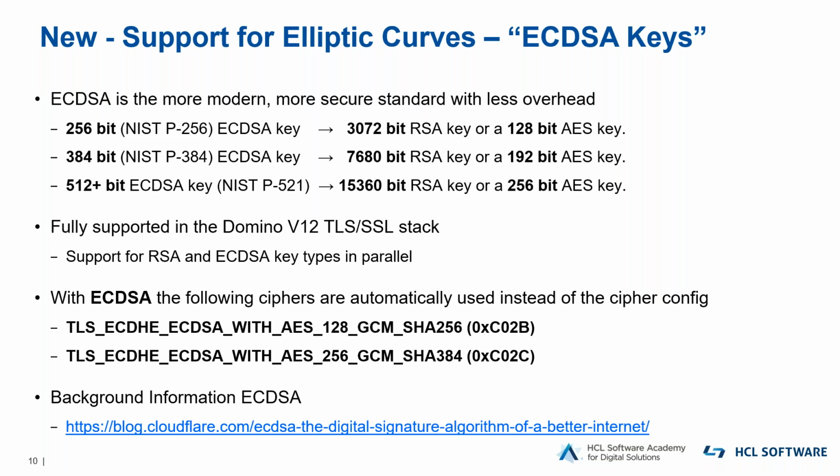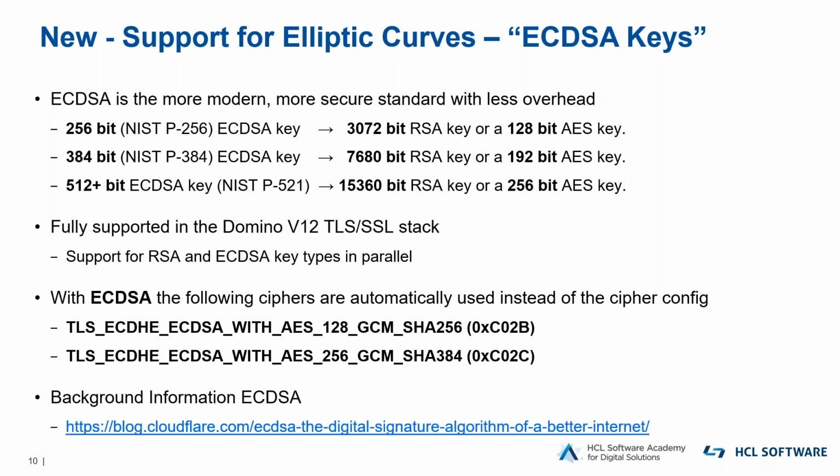So on this slide you see all the details, which lengths of RSA key will be approximately which ECDSA curve, right? So usually 256 is fully sufficient, and Let's Encrypt currently supports up to 384. 512 is built into the code, but really that's something for the future. And as soon as Let's Encrypt would support it, it would be probably just a small design change in the database to enable that.